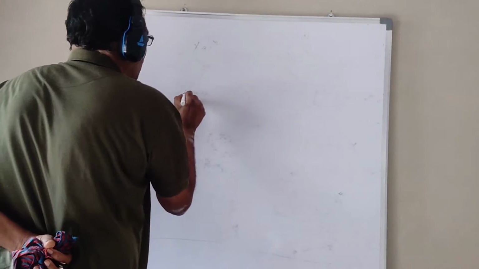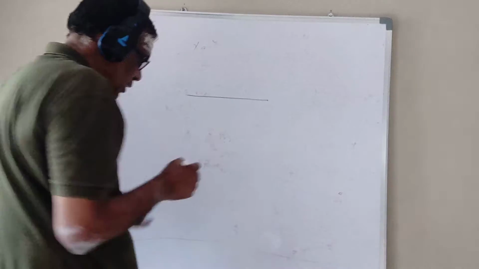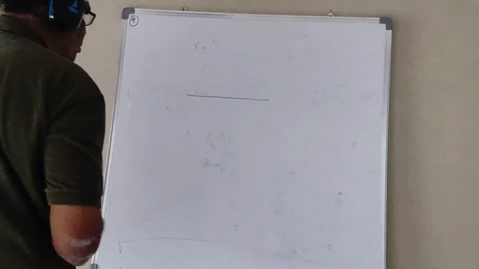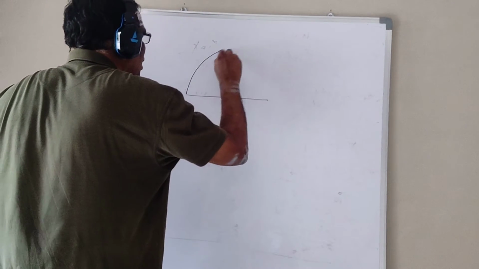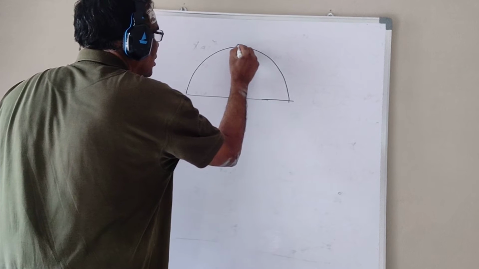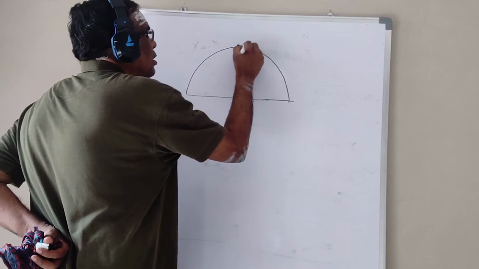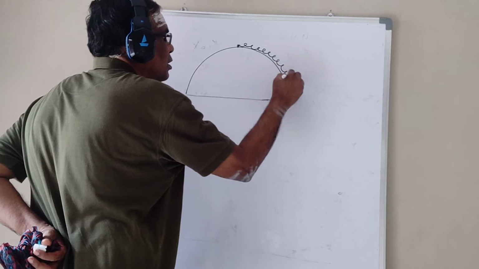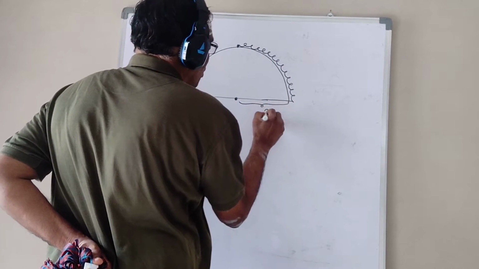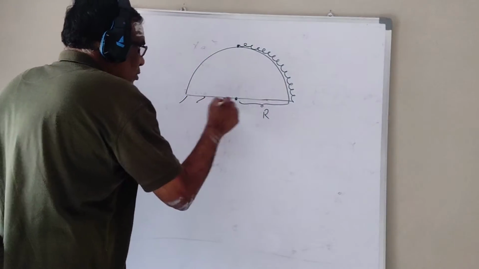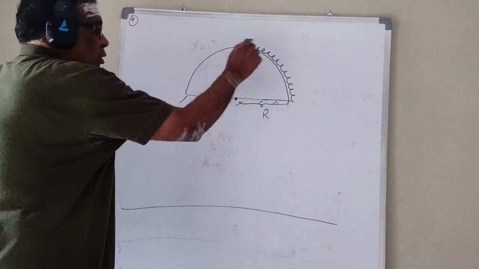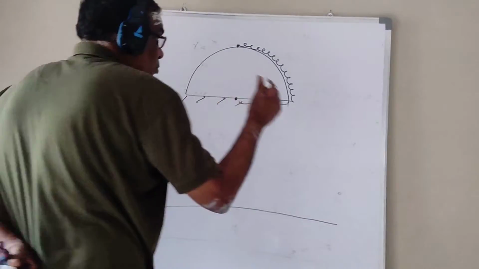Now look, I go a little deeper into the same chain problems. Suppose I am taking here radius is R. Now you have to follow these things carefully. This is all a smooth surface.